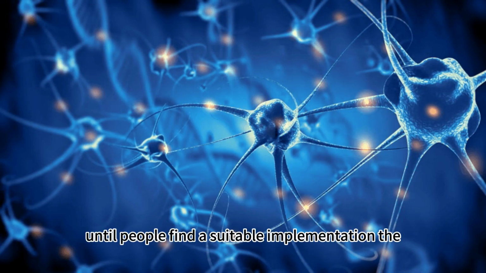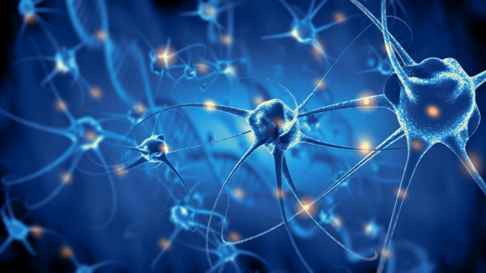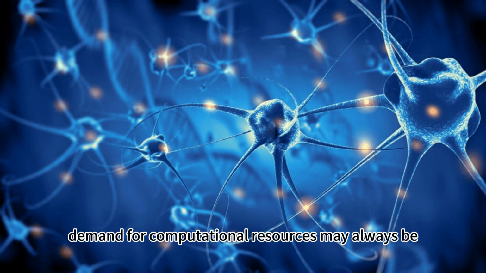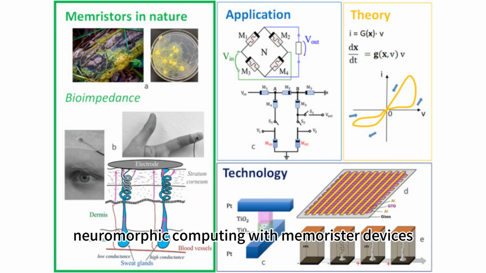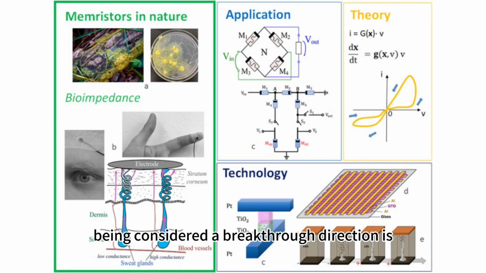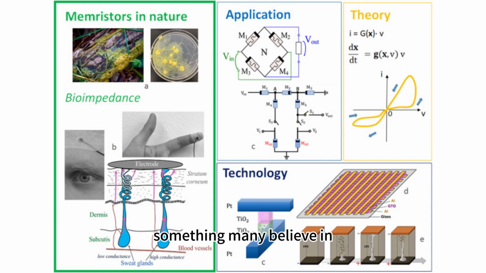Until people find a suitable implementation, the demand for computational resources may always be a problem. Neuromorphic computing with memristor devices being considered a breakthrough direction is something many believe in.